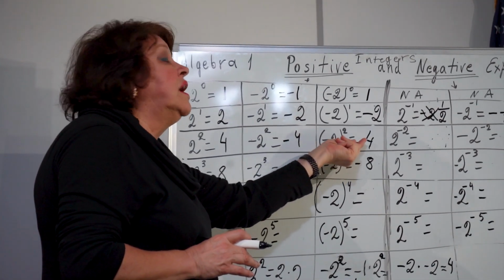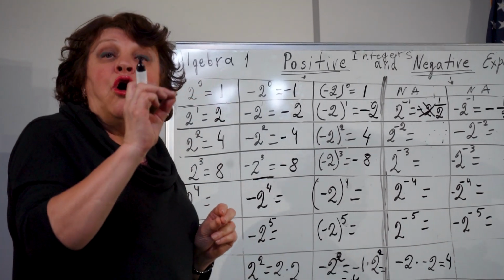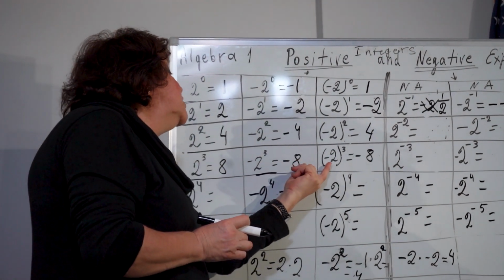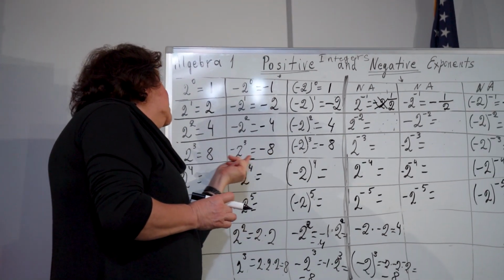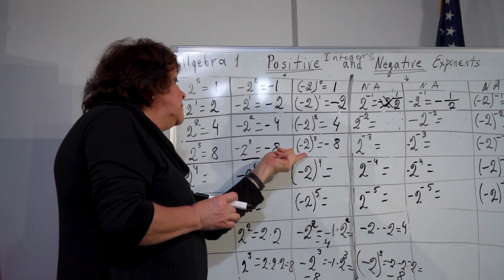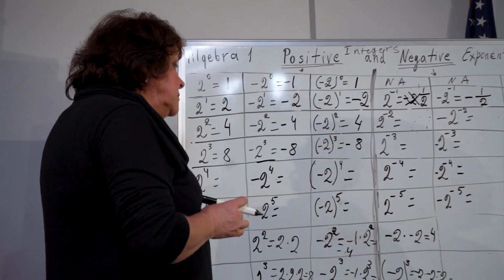Here we're going to have positive. If the exponent is an odd number, here we have positive, and these two do not matter. You're going to have parentheses or you're not going to have parentheses. It's still going to be a negative number always.